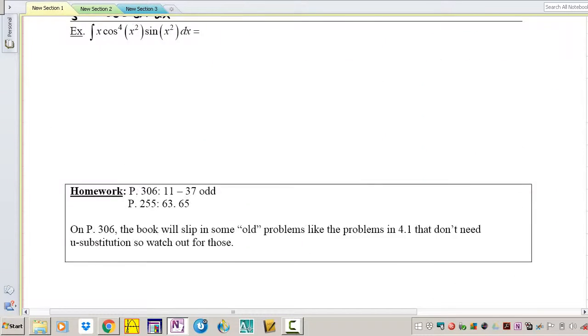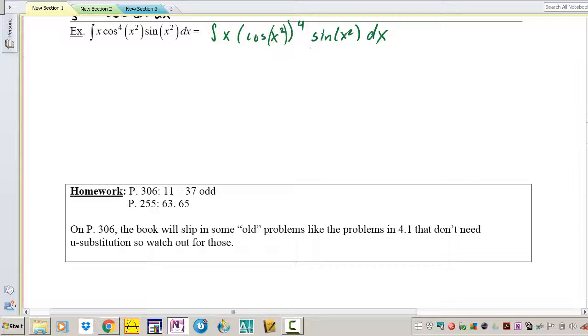So I only have my last problem, and then I'll go ahead and end the video. Here, okay, so now we have an x cosine to the fourth of x squared sine x squared. Okay, so why don't we just rewrite it? It doesn't hurt just to rewrite this. Let me go ahead and do another pair of parentheses here. Okay, so let's think. What should we let our u equal?